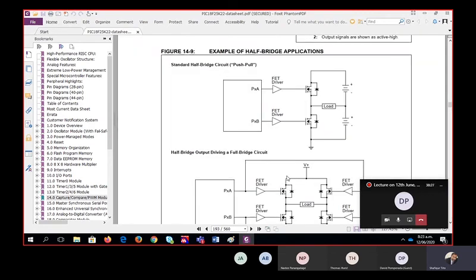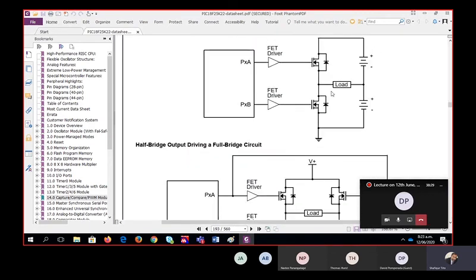Okay, this is the example. You can see here, your load, your light can be connected here. And this is your switching device. And you are connecting your microcontroller to this switching device. So whenever you give the pulse, this switching device can be turned on. During the on time of the pulse, this will be turned on. That means current will flow through this switch and through this load.